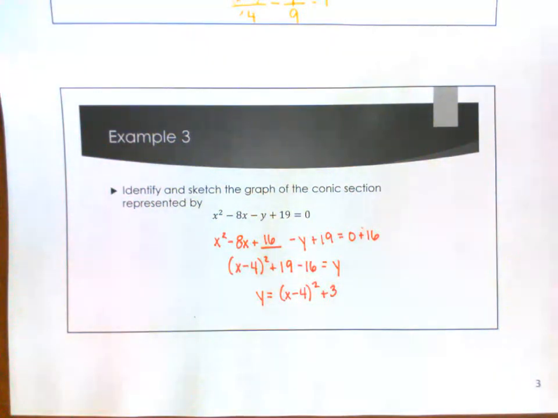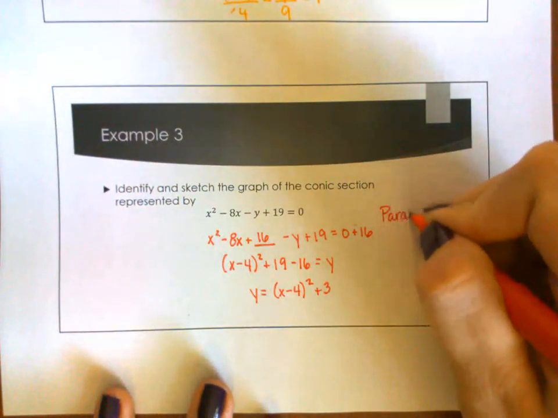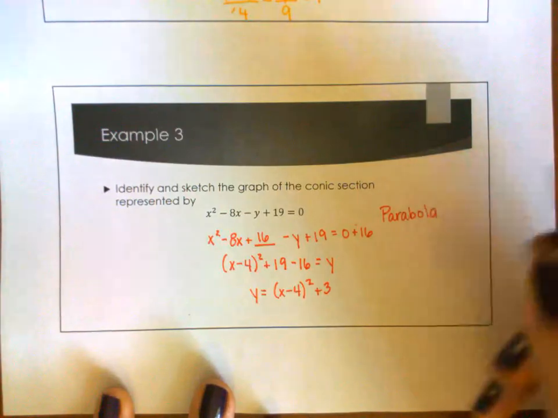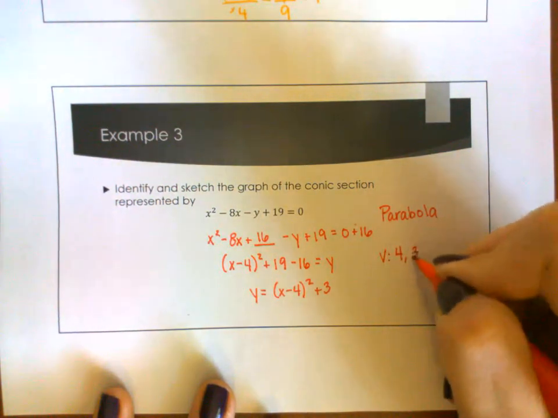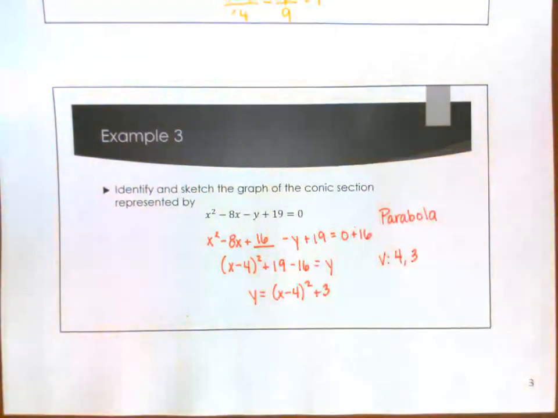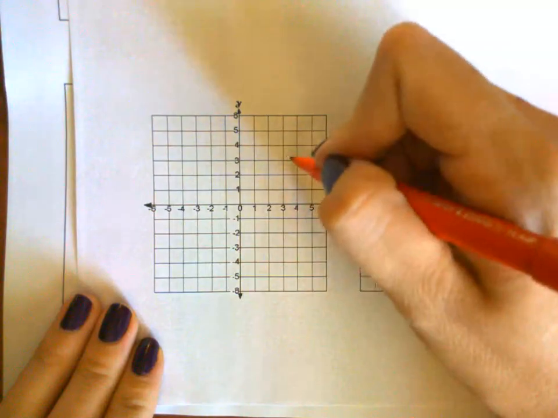Hopefully we can remember back that far. But we would have a vertex. Oh, we said it was a parabola. I didn't write that down. We would have a vertex at 4, 3. So if I were to sketch this, I would go to 4, 3, and have a vertex here.